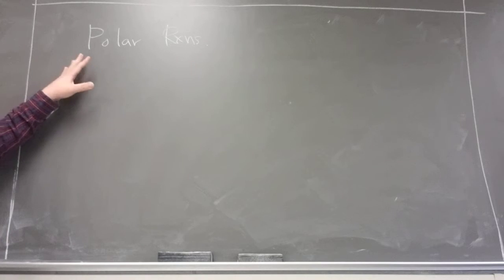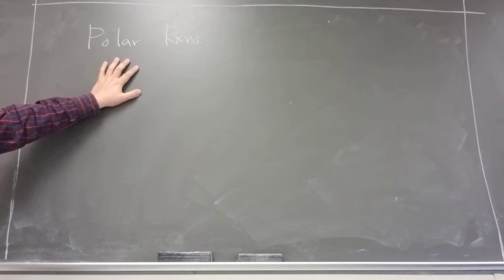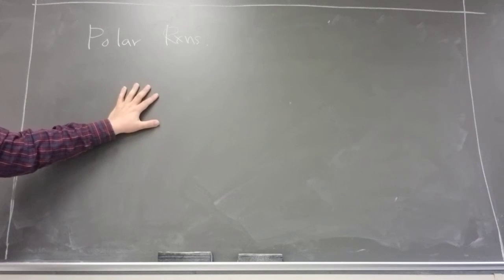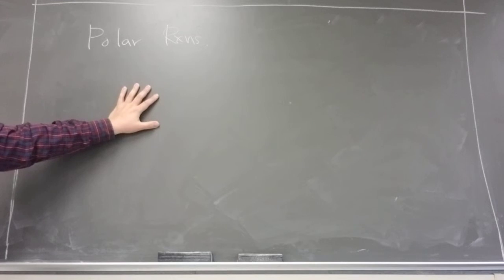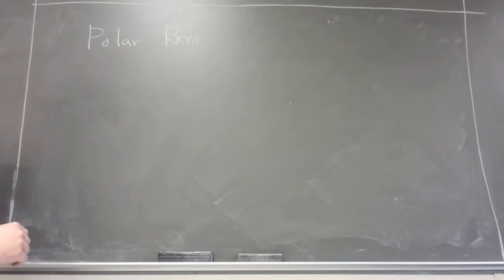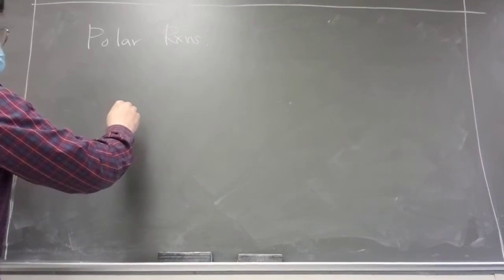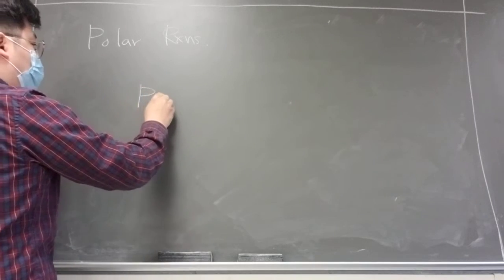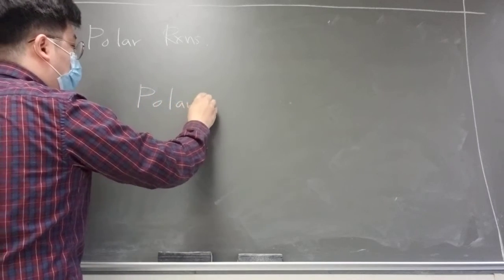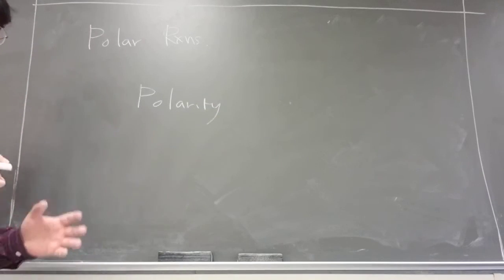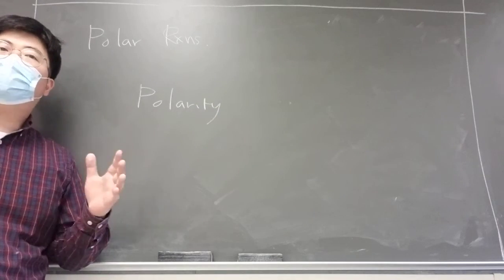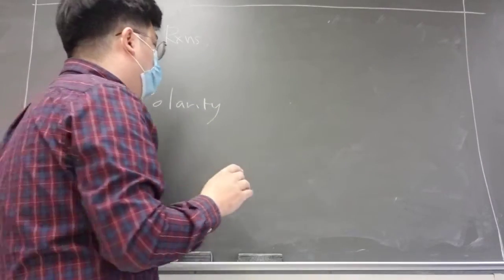Before I get into any examples of polar reactions, there are certain terms we need to go over to see those in more detail. The first one is polarity. I think you already learned this many times in previous chemistry courses.